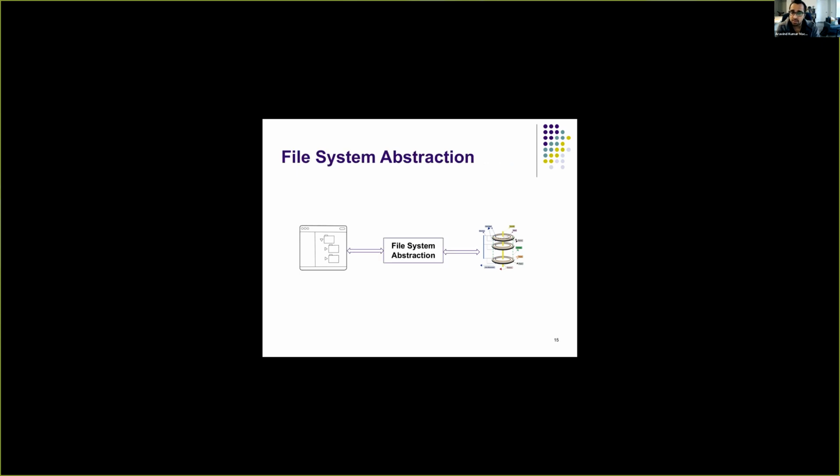This is where the file system abstraction, or file systems, come into the picture. File systems take care of translating the files in and out of this hardware. The file system keeps track of each file, and it also makes sure that the file data is actually translated into magnetized dots and stored onto the magnetic disks.